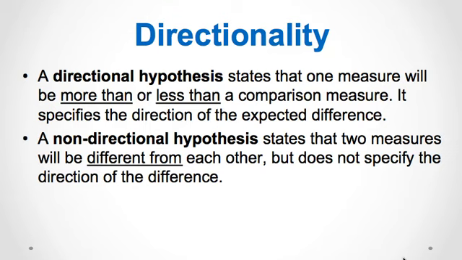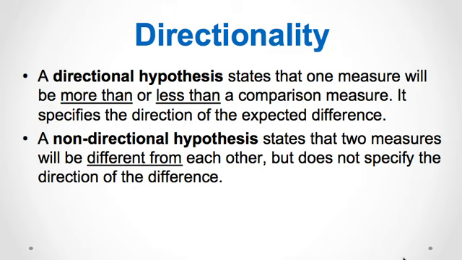There are 3 ways to set up the null and alternative hypotheses based on directionality. In a two-tailed hypothesis test or non-directional hypothesis, the researcher does not predict the direction of an effect or difference, more than or less than. Typically the question will be, is there an effect or is there a difference?